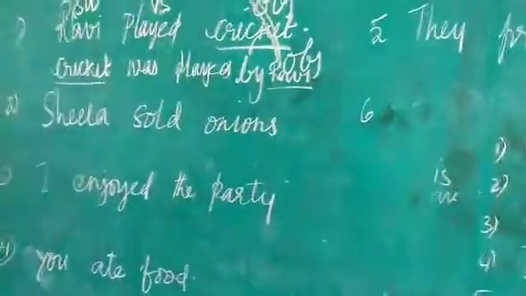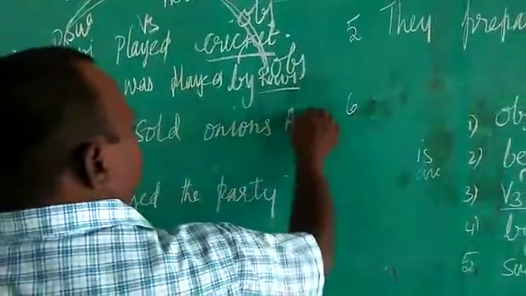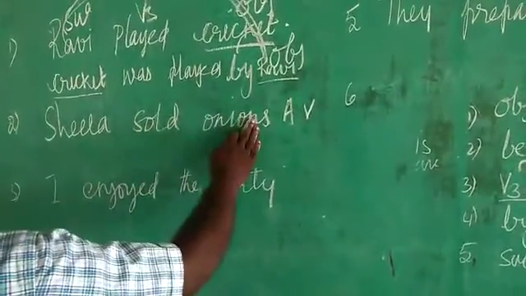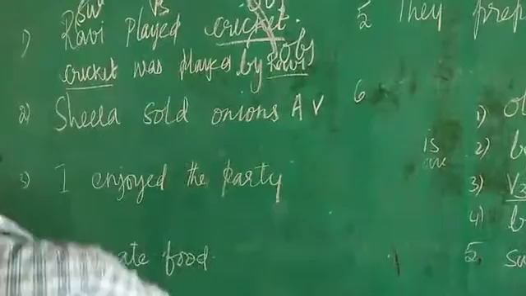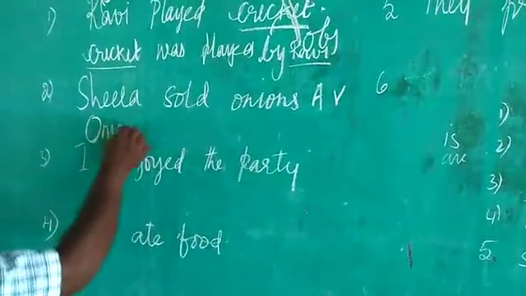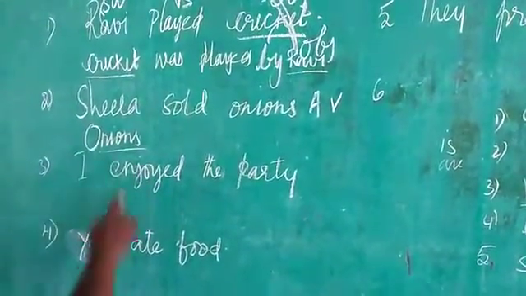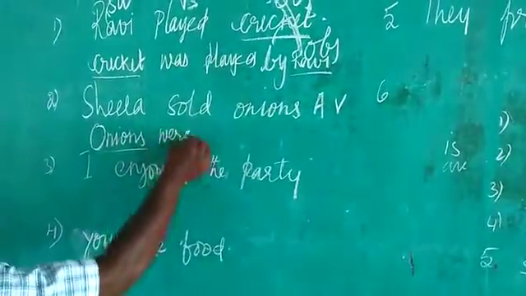So we'll go with one more example here. Sheila sold onions. It is an active voice: subject, V2, object. Now the object becomes the subject. Every sentence starts with a capital letter, so Onions. Is it singular or plural, children? It is plural. If it is singular, we take was. If it is plural, we take were.